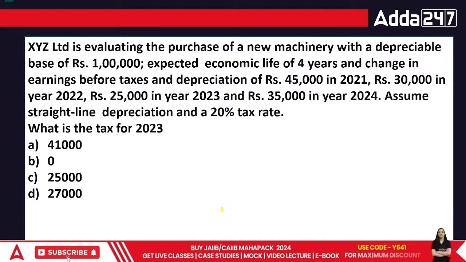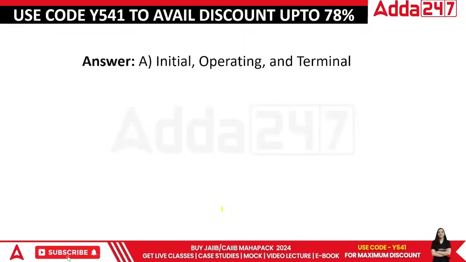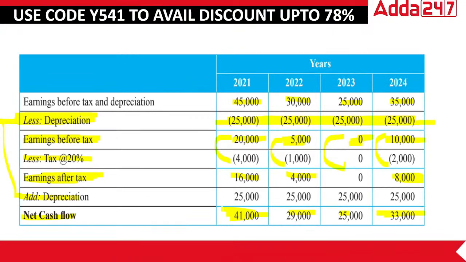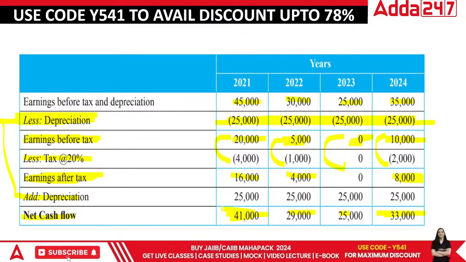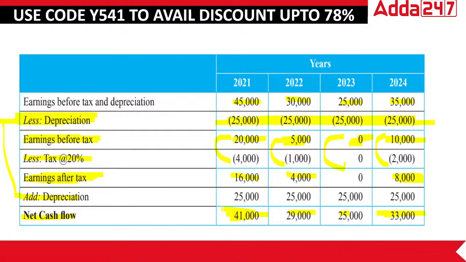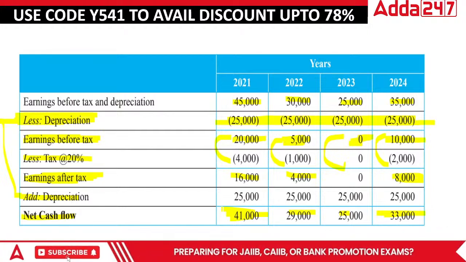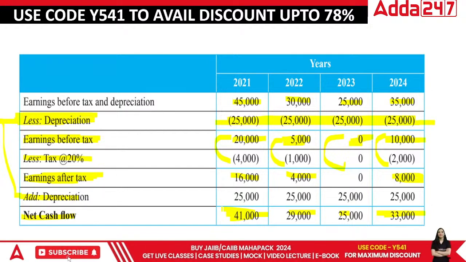They're looking for tax at 2023. So let's look at the questions now. 2023 tax. Everyone, any percentage of 0 will remain 0. So in this case, if your earning before tax was 0, you paid no tax.